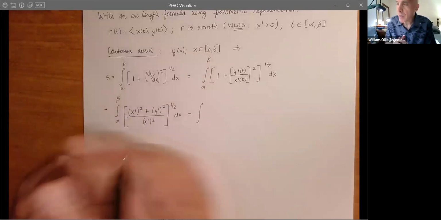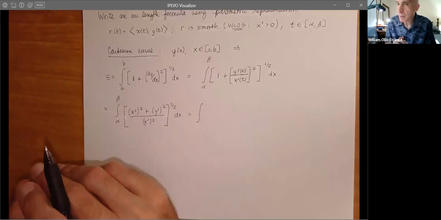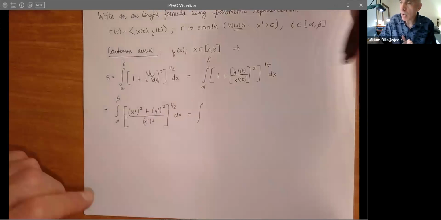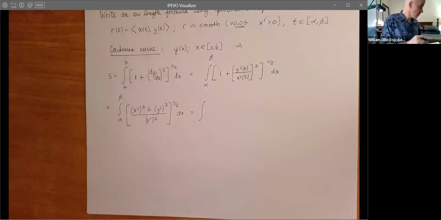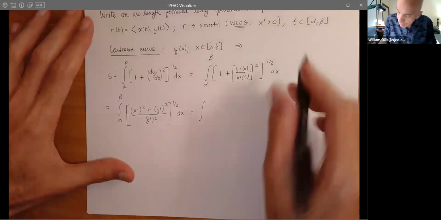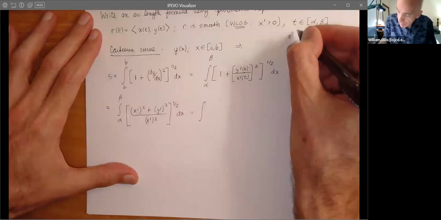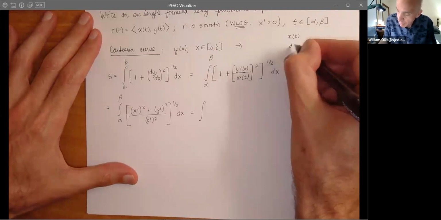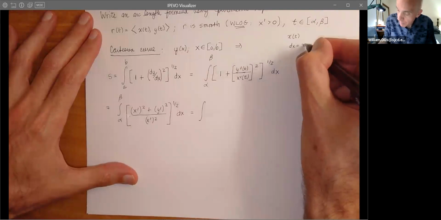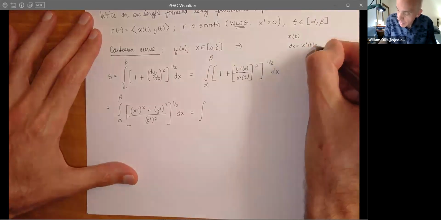Now, one thing that we can notice here, and this might be a little bit simpler to understand, and this is what I've written over here. We can utilize x of t and then just say dx is x prime of t dt.